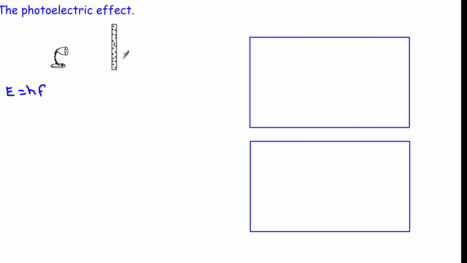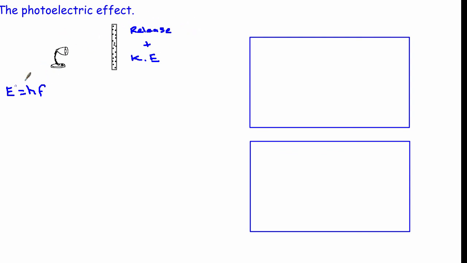Now if we shine a really high frequency or a really high energy photon onto here, and for example this electron here absorbs that, it's going to use some of that energy to break its bonds, so it's going to use some of that energy to release itself away from the metal, and any extra left over energy is going to be used as kinetic energy, so it's going to use that to basically move away from the metal.